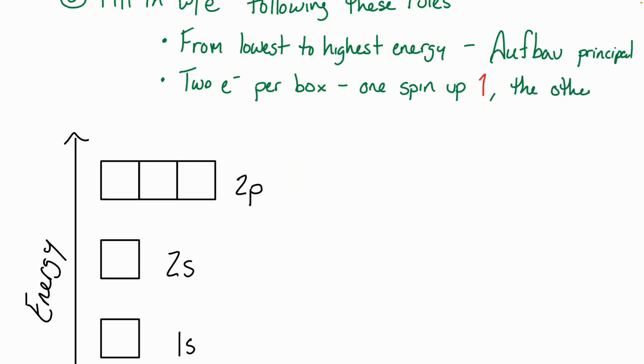The other spin down, which is this downward pointing arrow. All right, and this is what's called the Pauli exclusion principle.